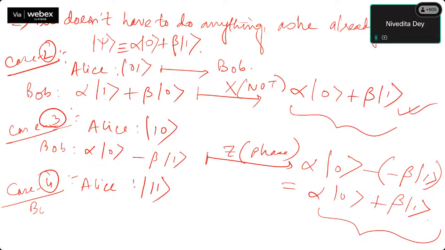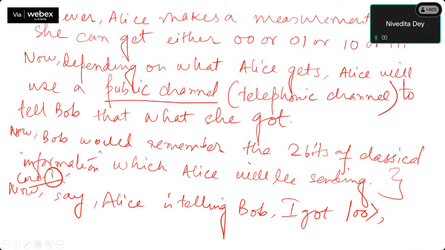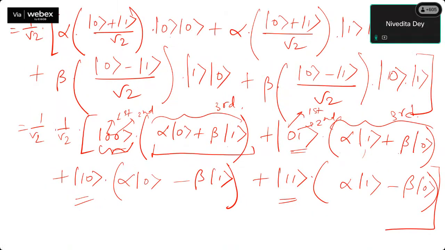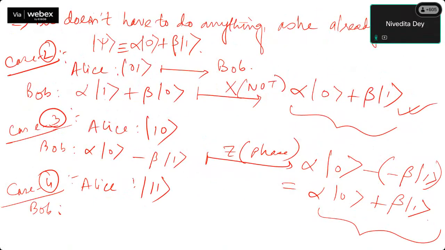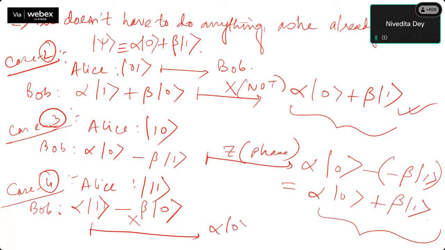Then Bob must have received alpha 1 minus beta 0. That means first I have to apply an X gate in order to make it alpha 0 minus beta 1. Then I have to apply a Z gate in order to make it alpha 0 plus beta 1.